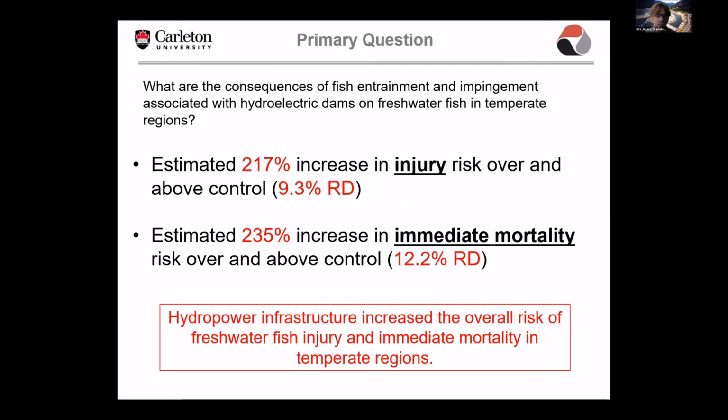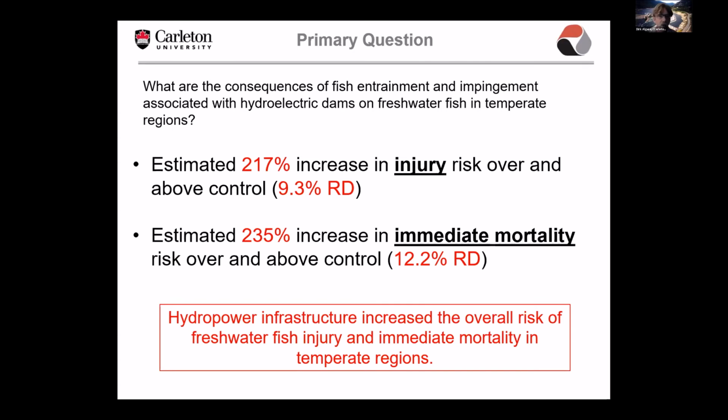In addressing the primary research question, for the next few slides, the management implications of our review are highlighted in the red box, and we present the relative risk ratio and the risk difference in parentheses.